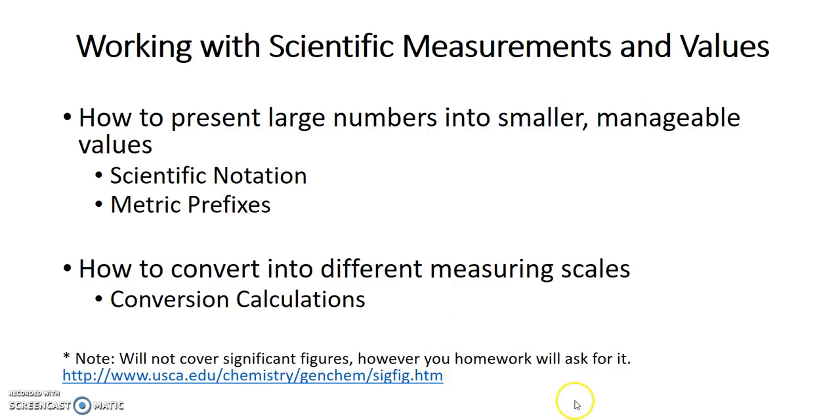In part two, like I said, I'll talk about converting from different scales and using different calculations, etc. Like I said in class, we will not use significant figures as it's not super important in physics. Well, it's important for research, but when it comes to our values right now, we're not going to worry about it. But your homework will ask for significant figures, so it's not a bad idea to use this website right here, which goes over the basics of significant figures.